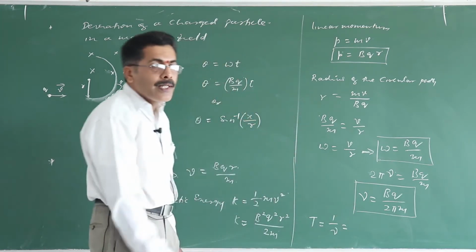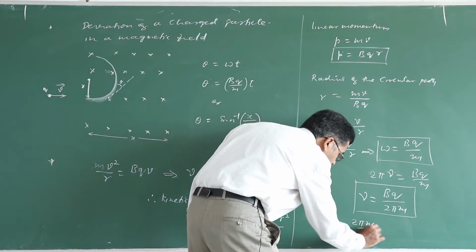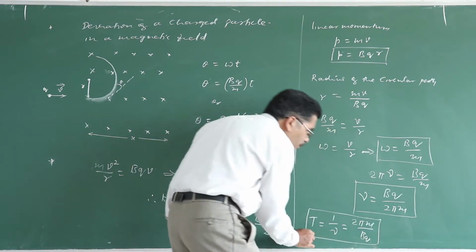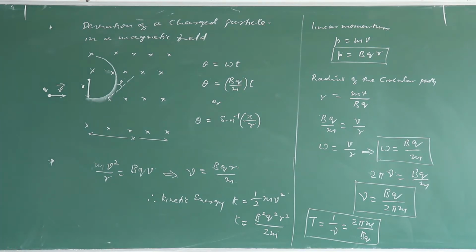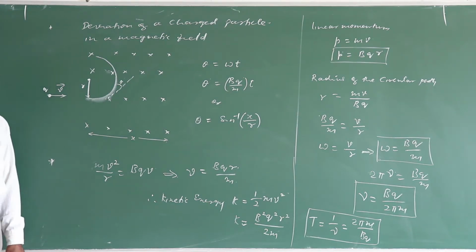Reciprocal of frequency is called period. Therefore, it is equal to 2 pi m divided by Bq. Here the period of revolution does not depend on the speed or velocity of the particle.